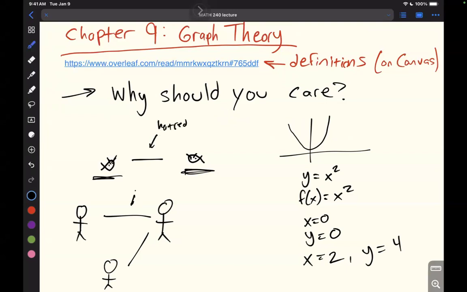Hatred or friendship, right? This relation can mean whatever we want it to. The objects in question can be whatever we want them to be.